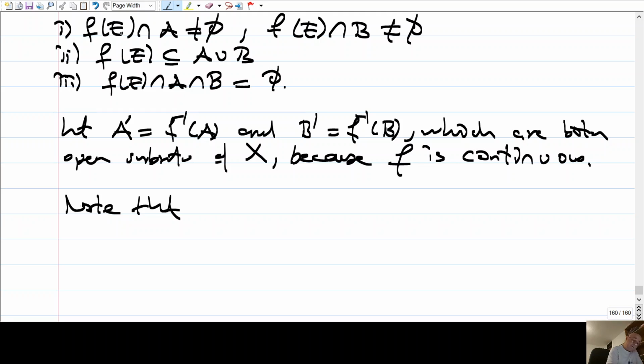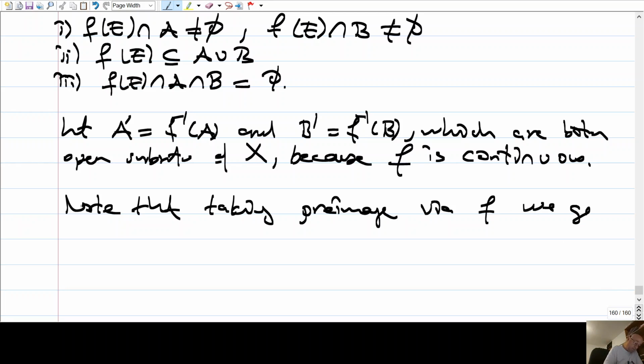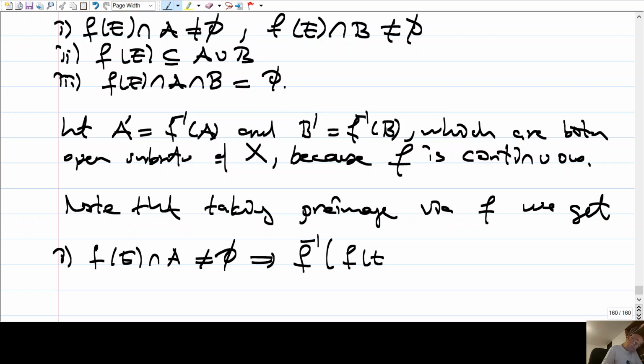Let's look at this. f of E intersection A is not empty, but if I take the preimage of this, this is a non-empty subset of the image of f, right?